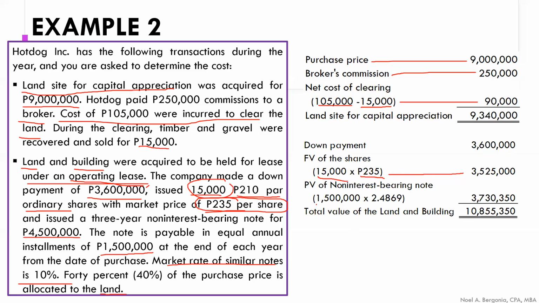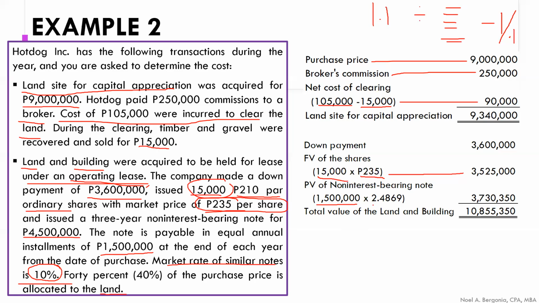So the 1,500,000 times the present value of ordinary annuity using 10% at 3 years. So that's 1.1 to the third power. Okay, pindot divide para sa mga naka-manual to, and then tatlong equal sign. Okay, so lalabas doon, i-minus nyo po sa 1, then divide it by 0.10.